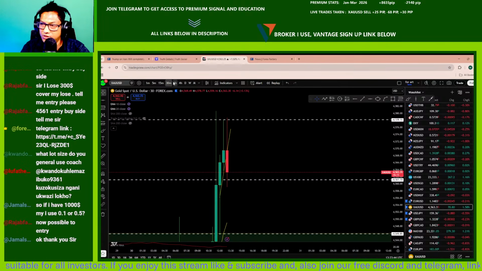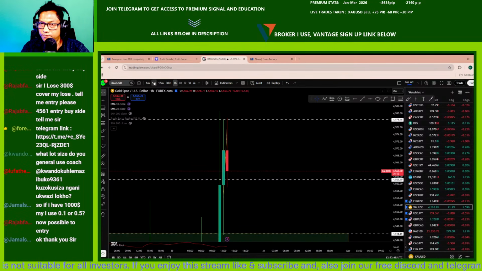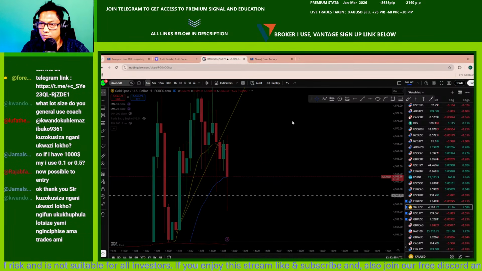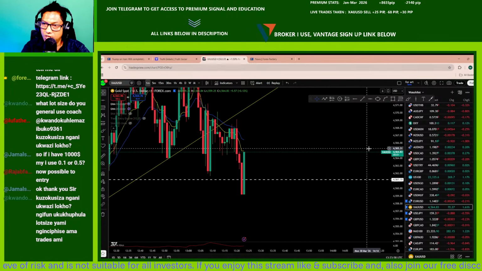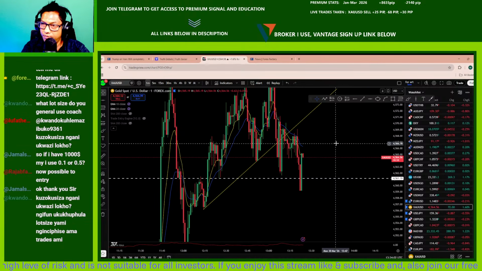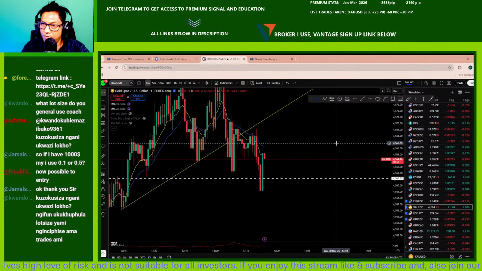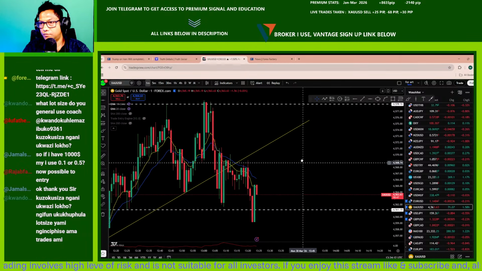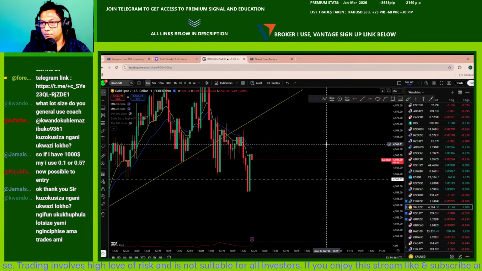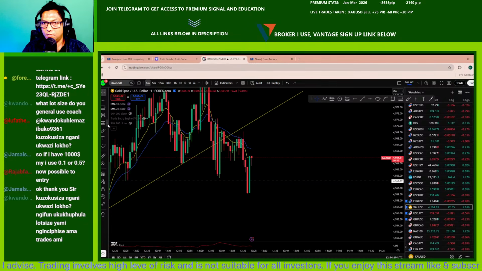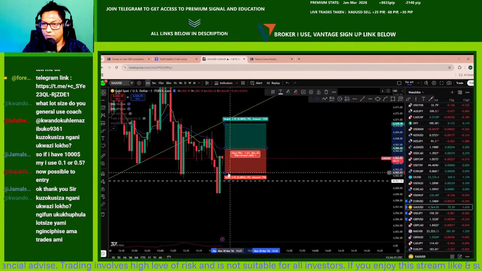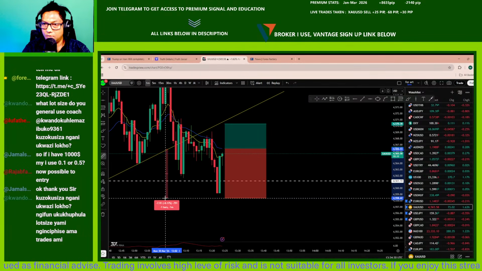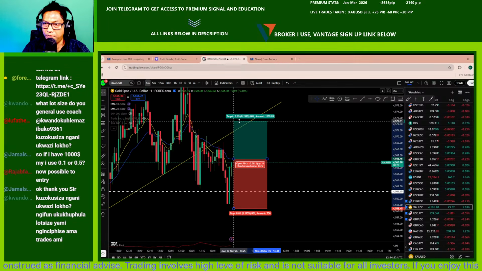Okay, this is the 30 minute price action, and it creates a bullish engulfer from the 1 minute. Stop loss here, placing a pending order.